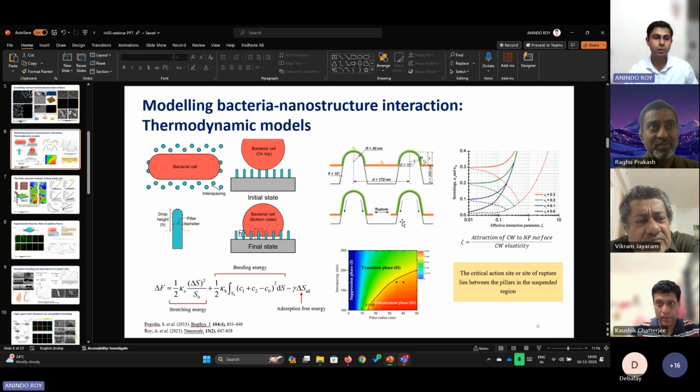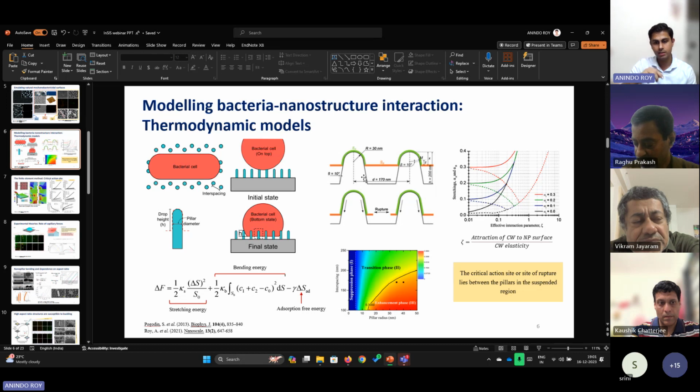Yeah, basically there will be stretching in both the regions: the region that is absorbing on the pillar surface, as well as the region that is suspended between the pillars. So the way this works is that when initially the bacteria is coming and attaching on top of the pillar, the point immediately next to the pillar surface will try to get absorbed on the pillar surface.